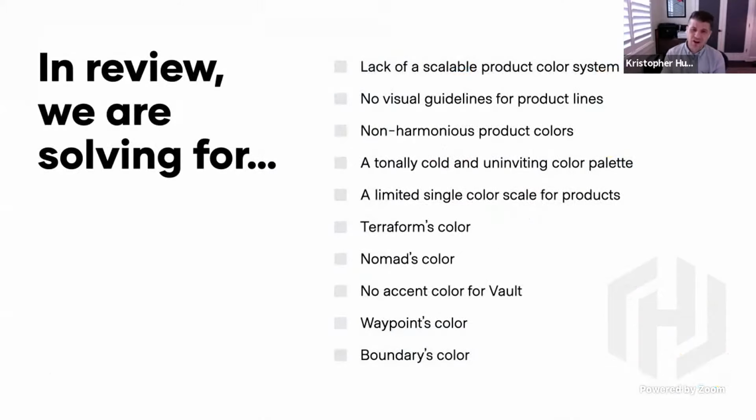So overall, going back to my earlier comment of, well, we needed to pick a color for Boundary and Waypoint, in reality, here's the full set of challenges that we ultimately decided on tackling for this project.